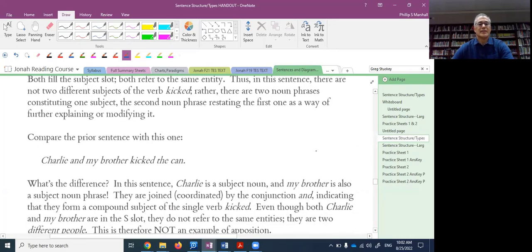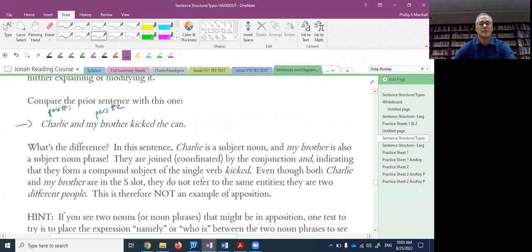Okay, take a look at this example. Charlie and my brother kicked the can. Here, Charlie refers to one guy. He's person number one. And my brother is person number two. They don't refer to the same person. And another big difference is that the coordinating conjunction and joins both of those nouns, and together they form the subject slot.